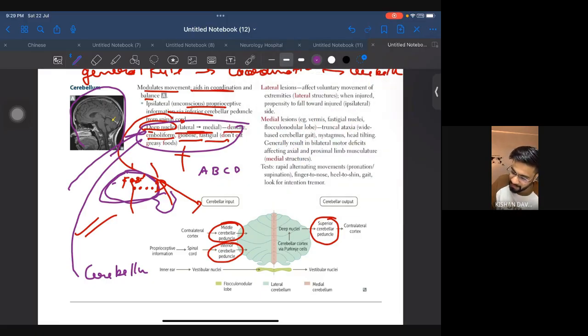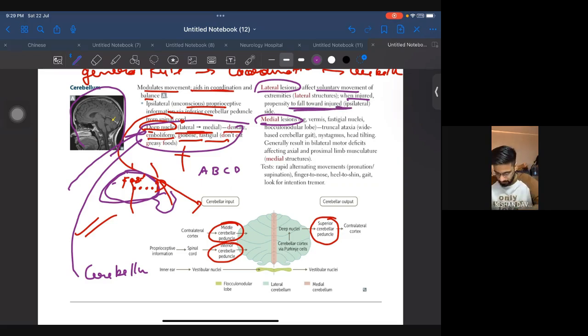if there is a problem in the lateral part and if there is a problem in the medial part, symptoms are different. Let's see. Voluntary movement when injured, propensity to fall towards the injured side. I'll write it down.